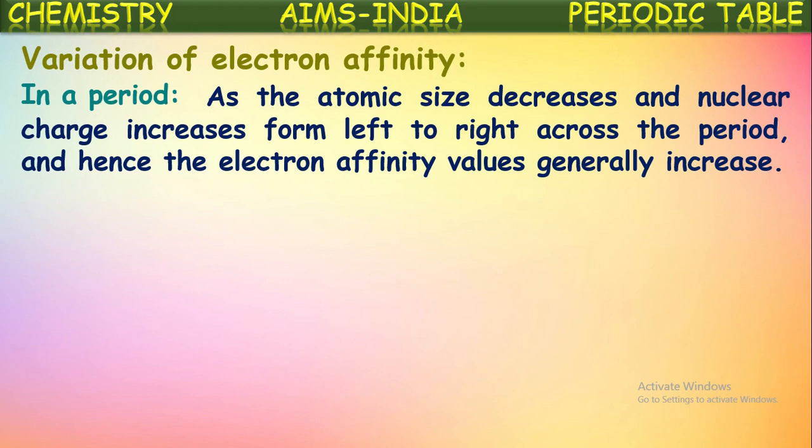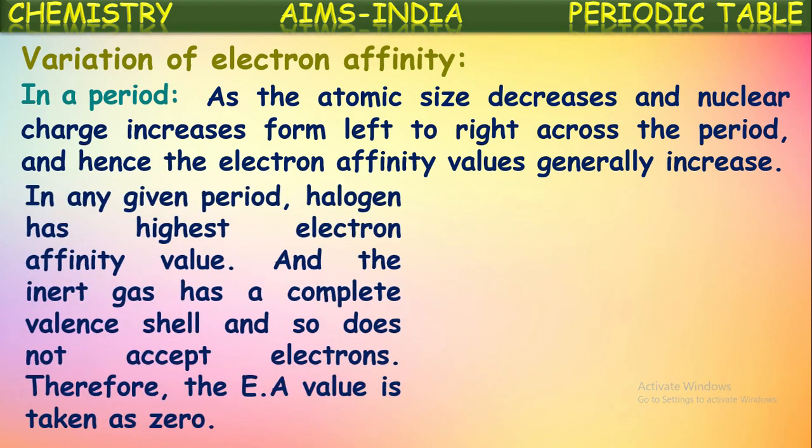The atom with greater nuclear charge can attract the outer electron very easily and hence it releases the maximum amount of energy. The atom with a smaller size will have greater electron affinity. We know in a period from left to right, size decreases and hence electron affinity generally increases.